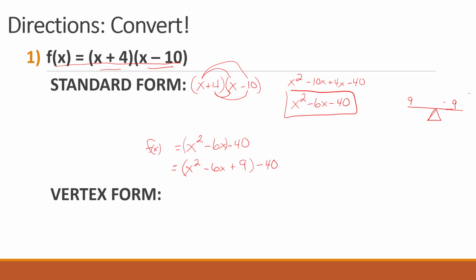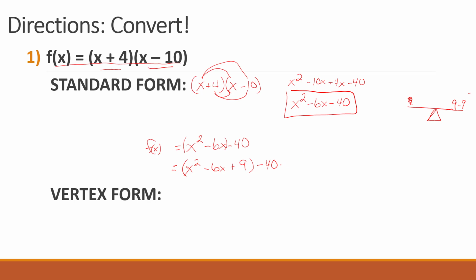That keeps it balanced. But that's not really an option for changing to vertex form. So instead of adding 9 to the one side, we're going to go ahead and just subtract 9 from the other side. Well, that makes sense. 9 minus 9 is 0, so we really haven't added anything to the equation.